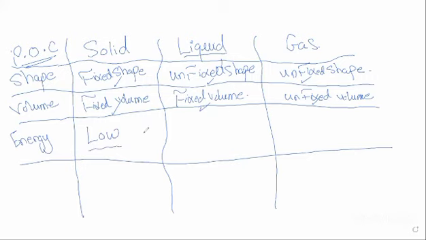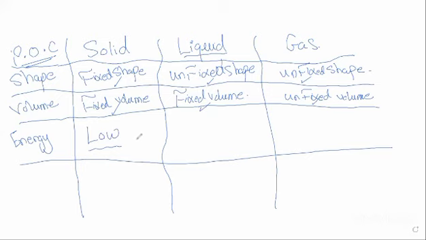Particles are not energetic. Yes, the particles cannot change their shape. The solid cannot change its shape. That means that the particles are having low amount of energy and it also cannot change its volume. That means that there is almost no distance between particles. Particles are very close. You cannot change or decrease the volume.